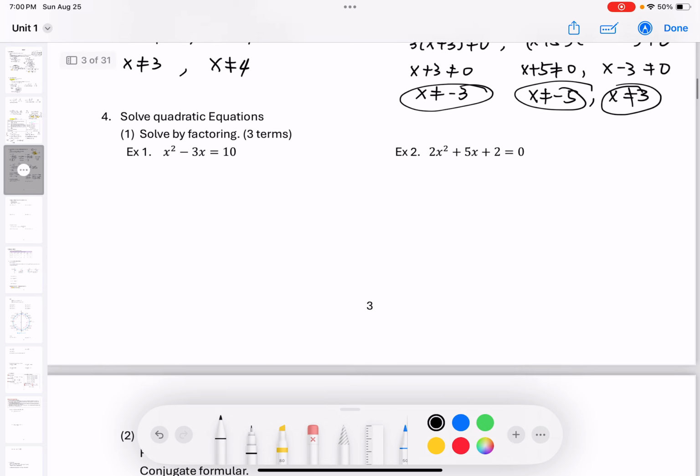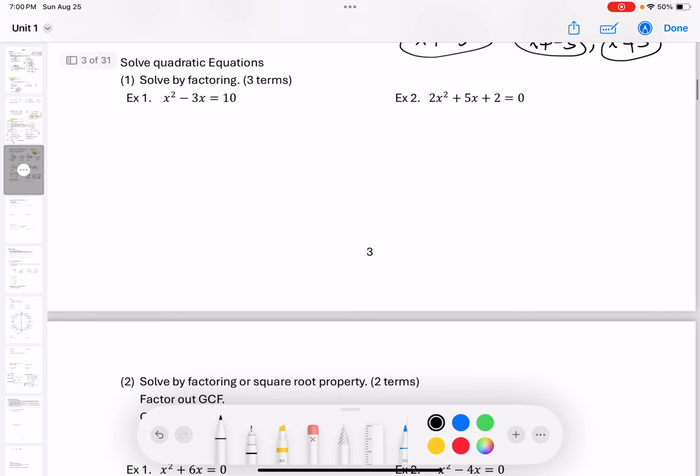Okay, let's see. Part 4. Solve the quadratic equations. So how to solve the quadratic equations? Okay, we are using the zero product property. What is the zero product property?